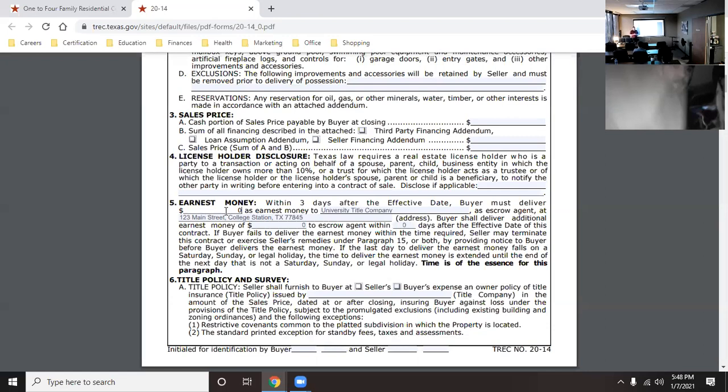So that earnest money, does it go towards the house? No, it goes towards the house. So what happens is, as you can see here, within 3 days after the effective date, the buyer must deliver a blank amount as earnest money to title. Once everybody signs, a check is written, you go to that title company and deposit it, and that money is held until the transaction closes or terminates and the money is dispersed.